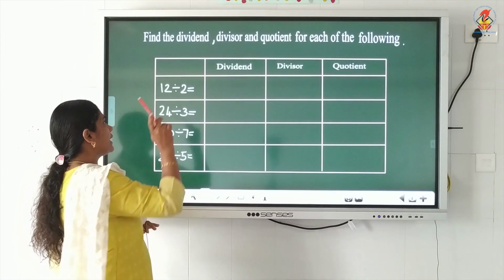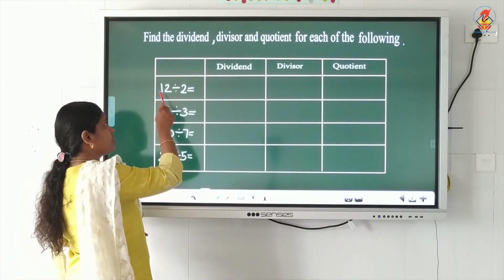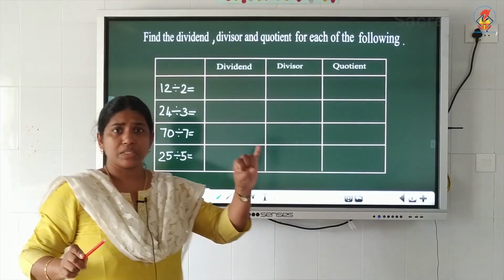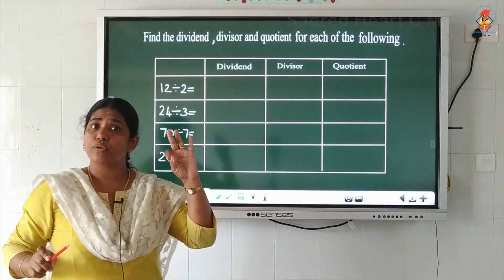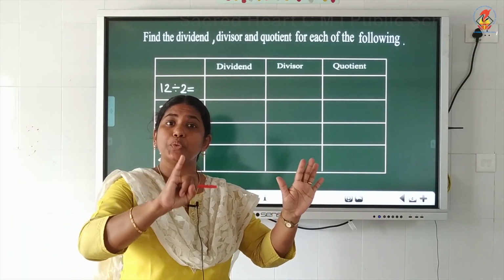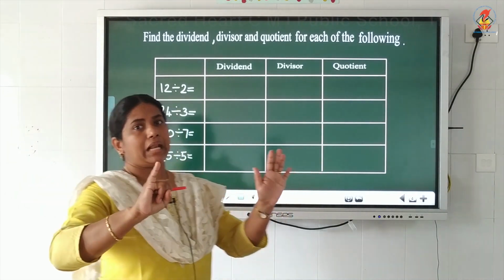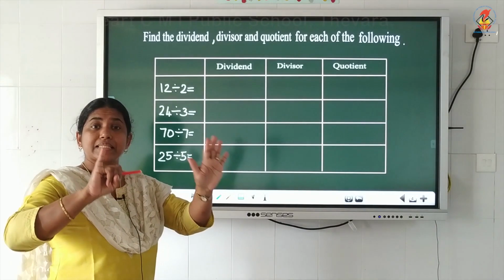Okay children, so in 2's table, how many times do you get the number 12? 1 2 is 2, 2 2's are 4, 3 2's are 6, 4 2's are 8, 5 2's are 10, 6 2's are 12. So how many times do you get 12? 6 times.